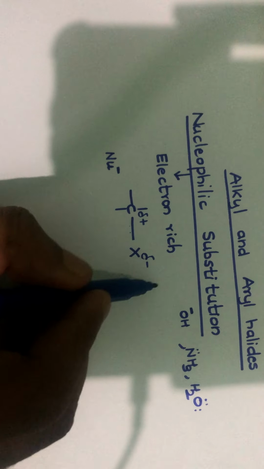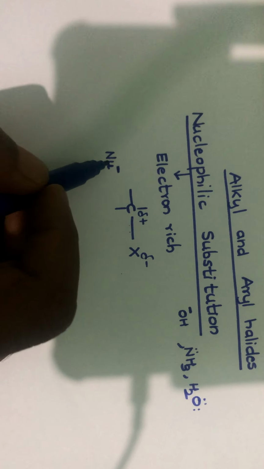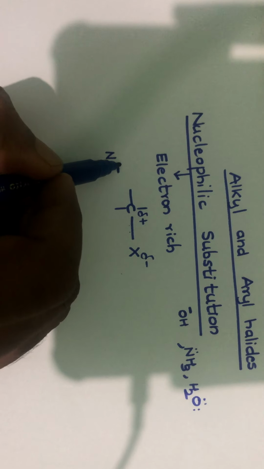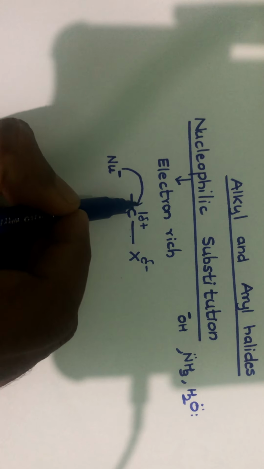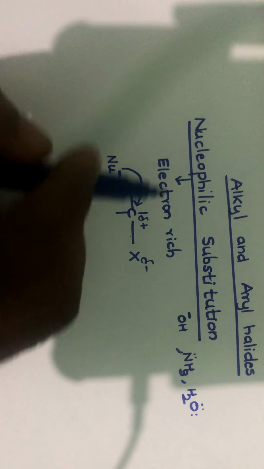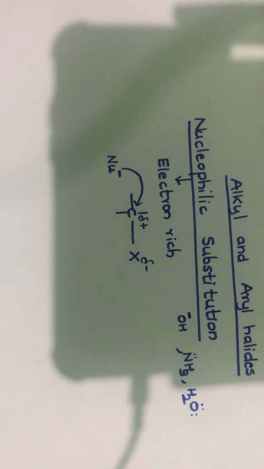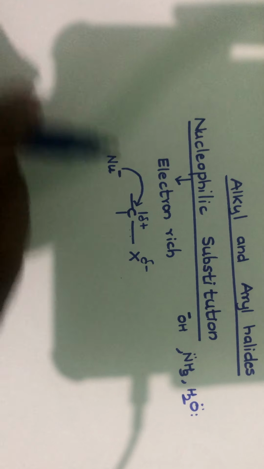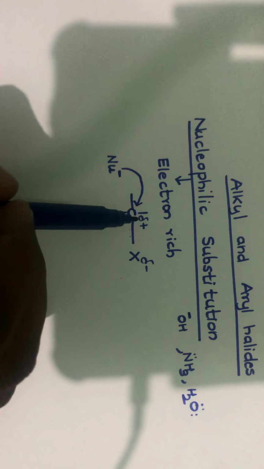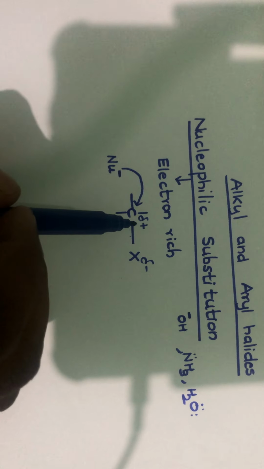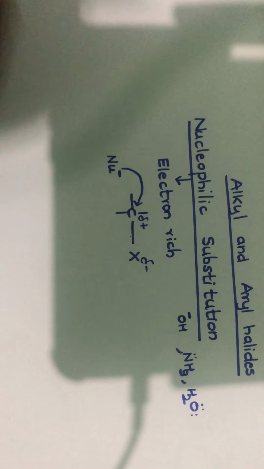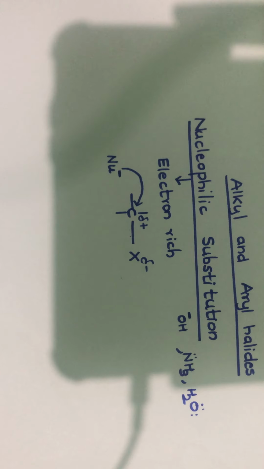So whenever this alkyl halide is treated with a nucleophile, the nucleophile attacks this carbon. Why does it attack this carbon only? Because this carbon carries a partial positive charge, which makes it susceptible to nucleophilic attack.